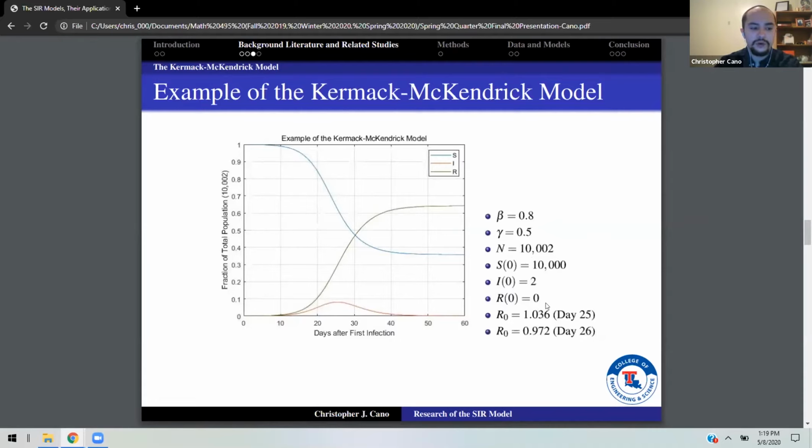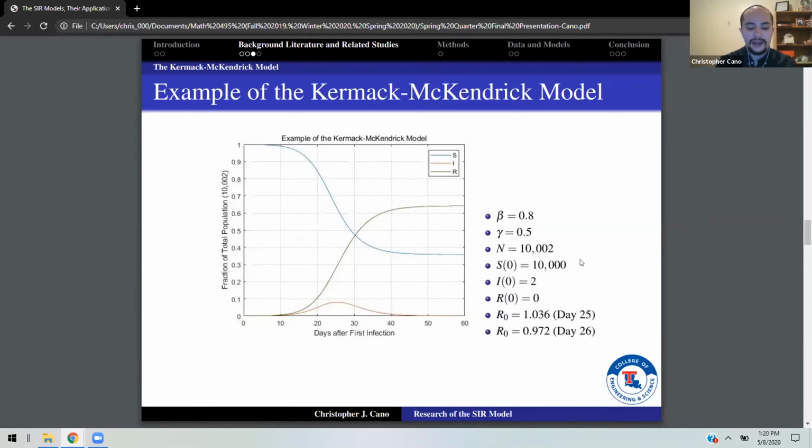And after 25 days, we can see that the disease will no longer be considered an epidemic. And after the number of infected reaches approximately 0, we can see that 35% of the population would have never contracted the disease, with about 65% of the population having recovered from the disease.